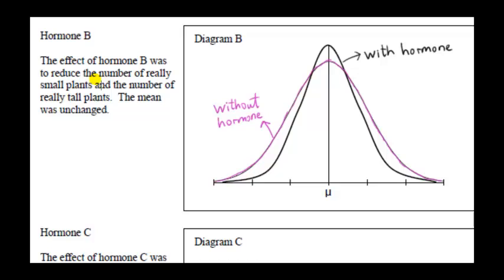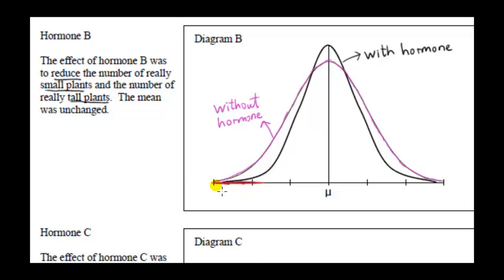The effect of hormone B was to reduce the number of really small plants and the number of really tall plants. The really small plants will be to the left end of this distribution. So all these values around here, well, in theory it runs from minus infinity, but of course in practice we don't have negative values. The smallest height would be 0.